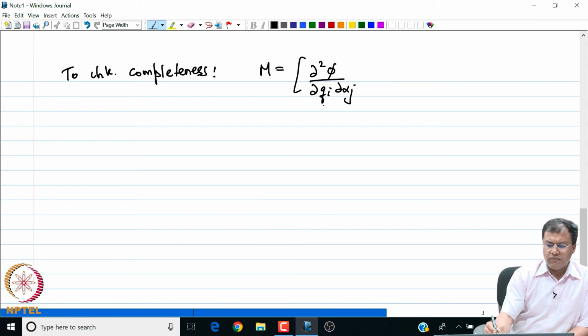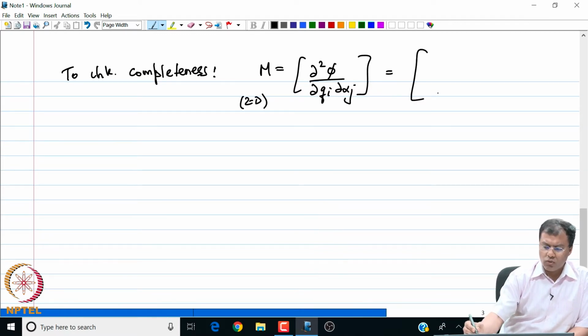So, there are two sets of variables. One is the coordinate variable, the other is the set of unknown constant parameters. And this is a 2D problem. I expect the matrix to be 2 cross 2. So, all I have to do is find these Hessians. I have the direct answers.